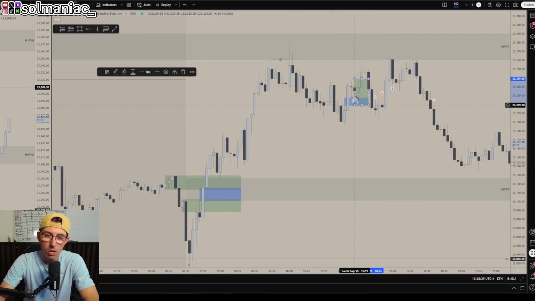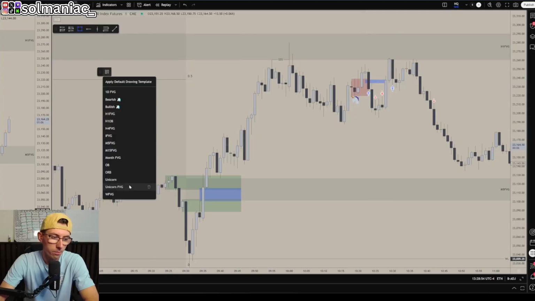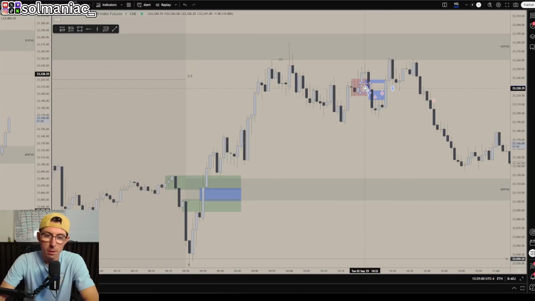Immediately right after that, we have this bearish unicorn that pops up for us, okay? A bearish unicorn with not one, but 2 fair value gaps inside of it. Let me draw it out. On this unicorn, we have the order block. We have displacement to the downside with 2 fair value gaps inside.